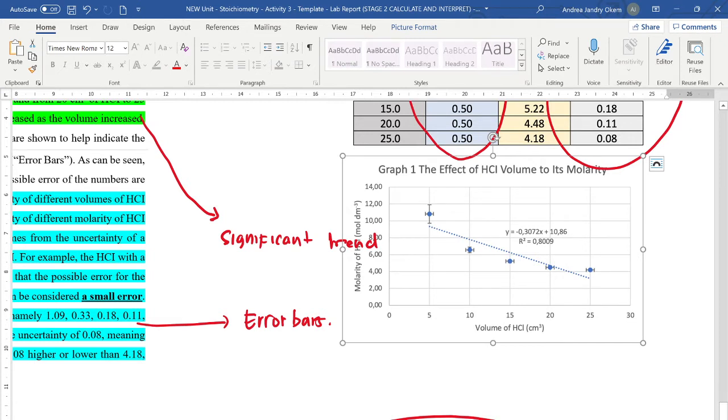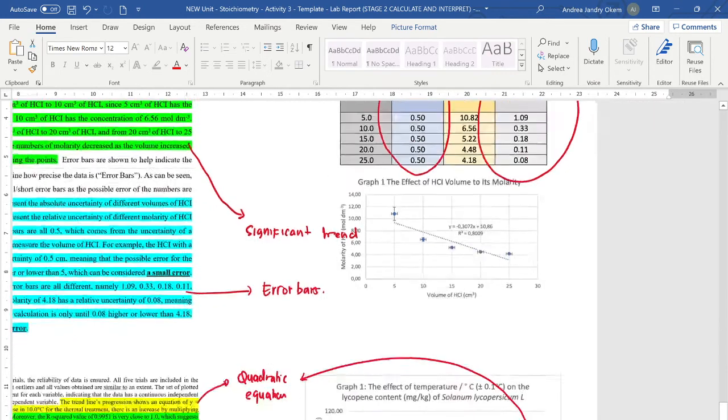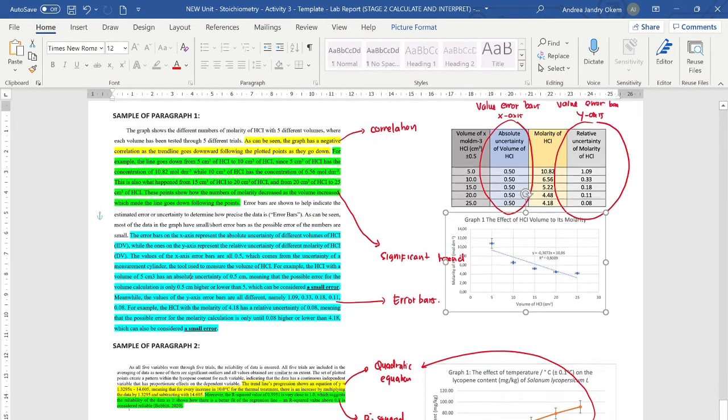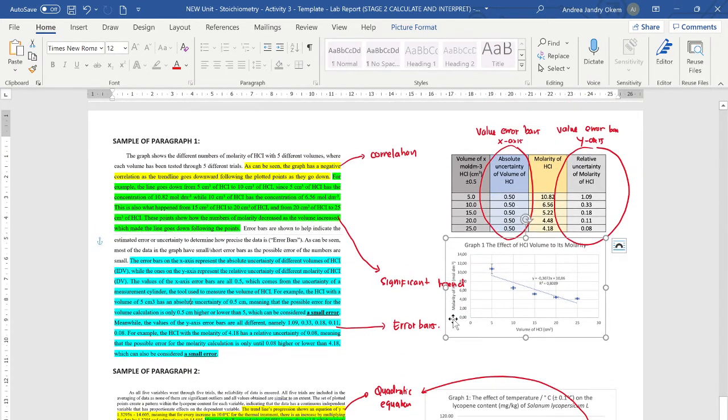That's the error bars, and we can categorize these as very small errors. That's why the student put small error for the x-axis and small error for the y-axis. The x-axis is the horizontal one, which corresponds to your IDV.